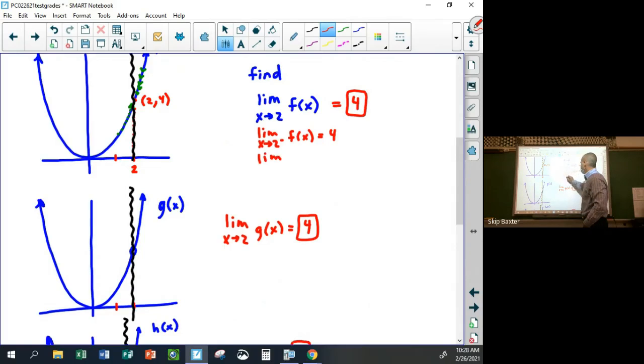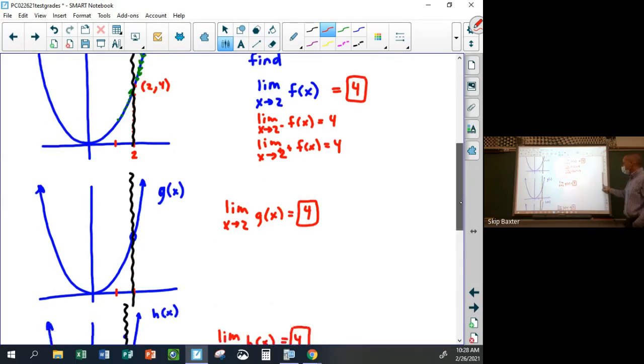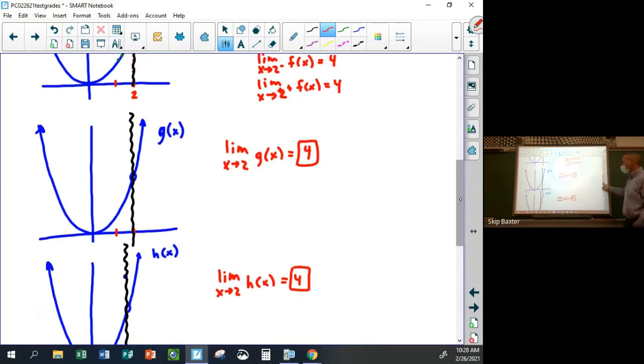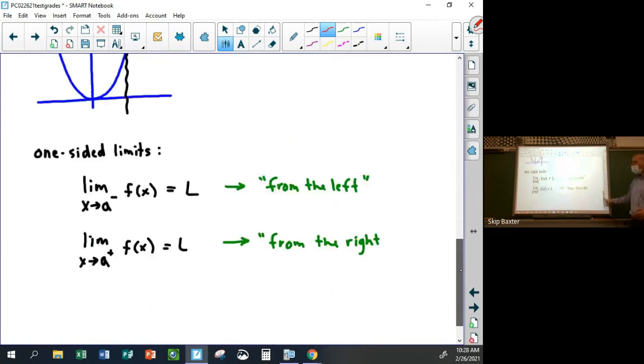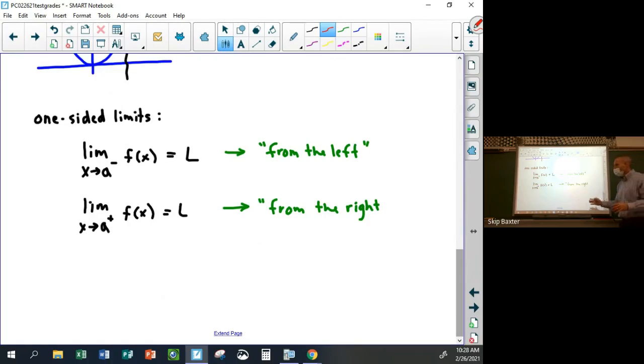Or the limit as x goes to 2 from the right, f of x, that's also 4. If I'm approaching that point on the graph from the right-hand side, I'm also approaching 4. So I could have written these one-sided limits here, and they would both have been 4. But you might have functions where the one-sided limits are different from each other.